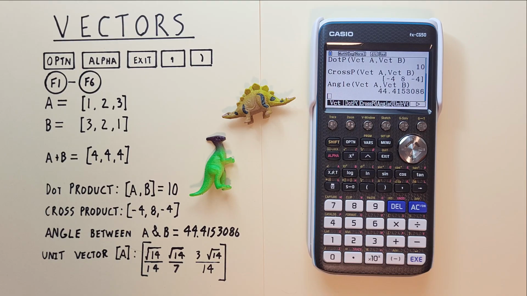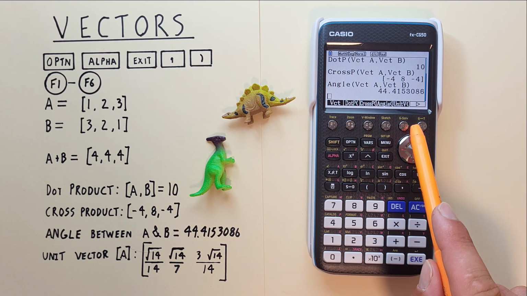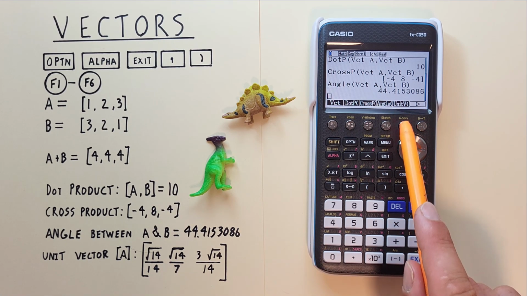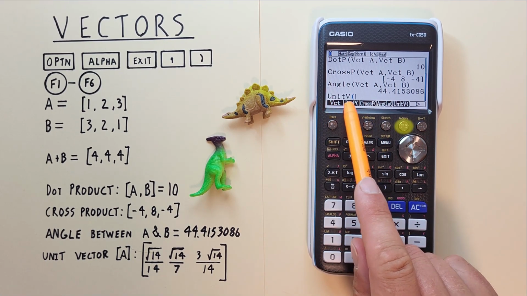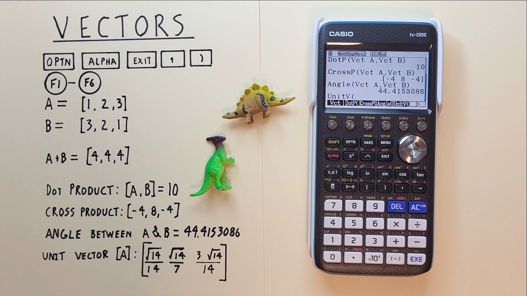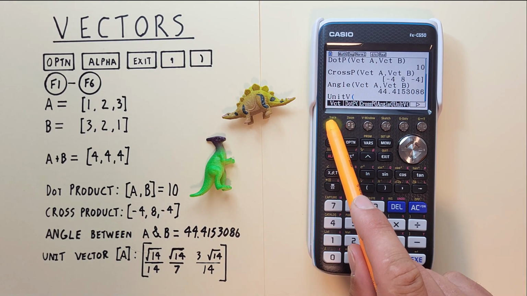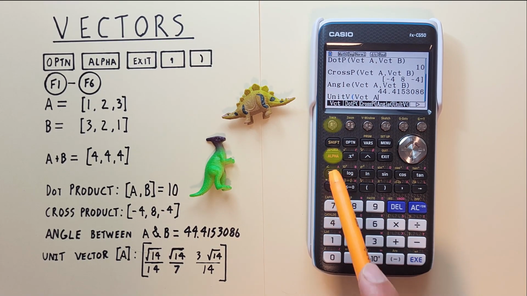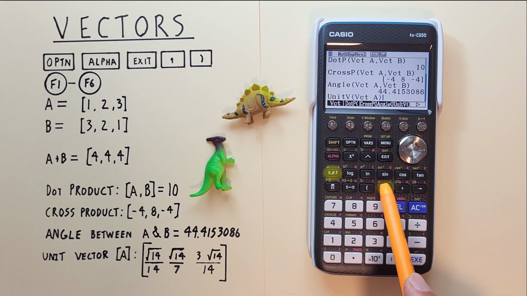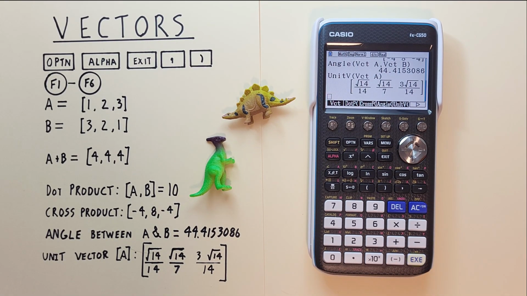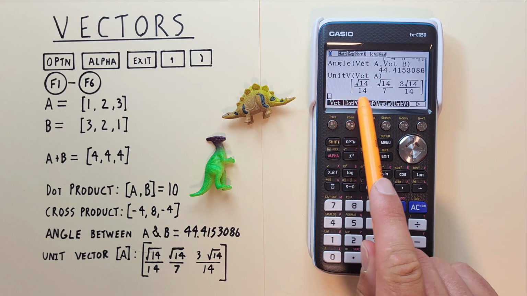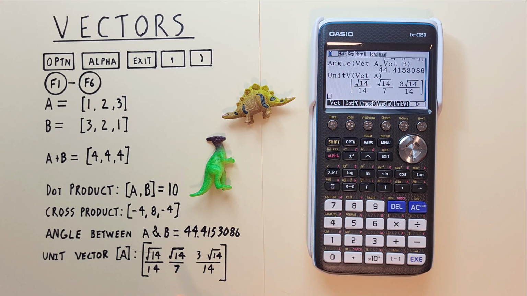What about the unit vector? Well, let's find the unit vector of our vector A. Again, just choose F5 unit V so that we see that on our screen. Then select vector alpha A, close our bracket, and hit exe, and see we get our unit vector of A.